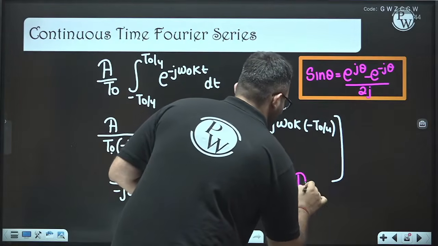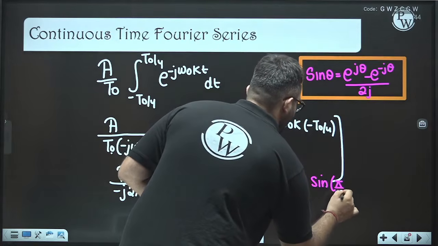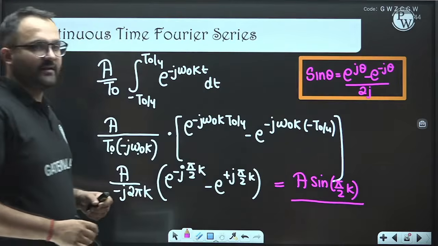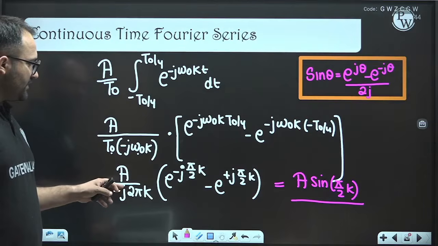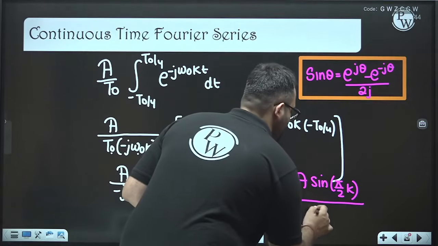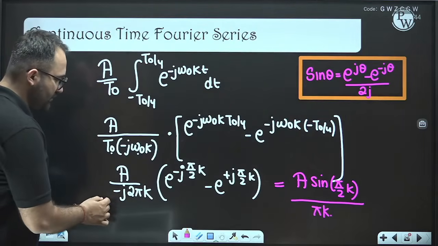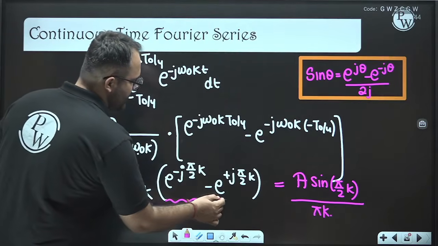So this will become A sine of pi by 2 k divided by pi k, because this minus 2j with this term will become sine theta.